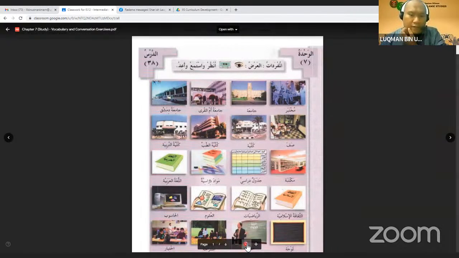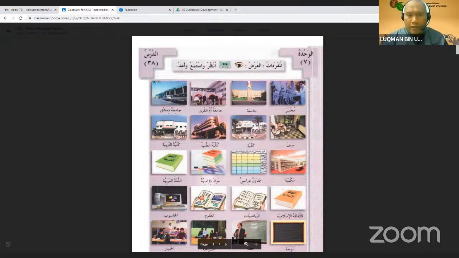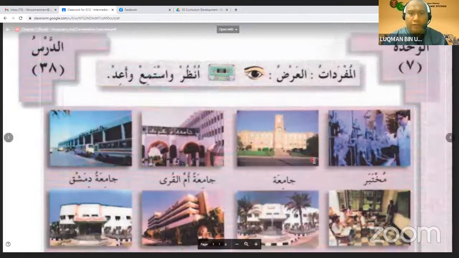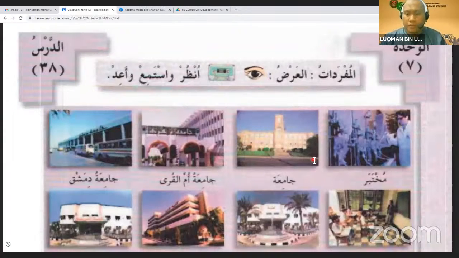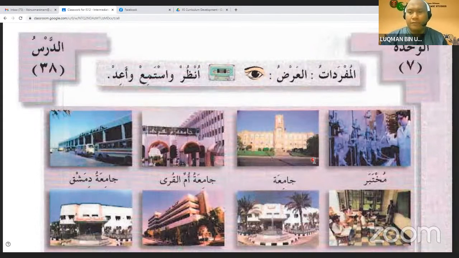Unit seven. In this unit, inshaAllah, we will learn the vocabulary and expressions related to studying. So here in this chapter, we will learn about the words and phrases related to studying.